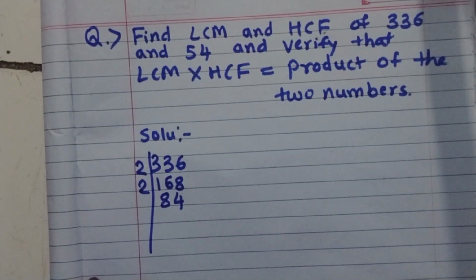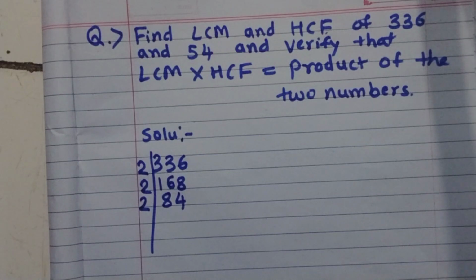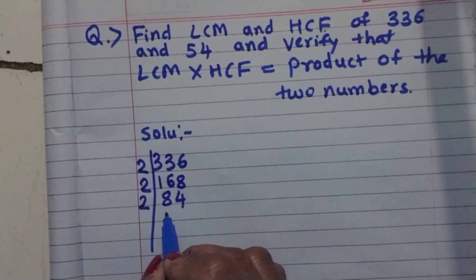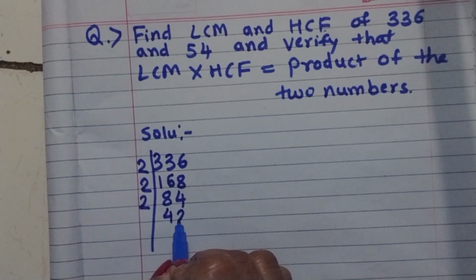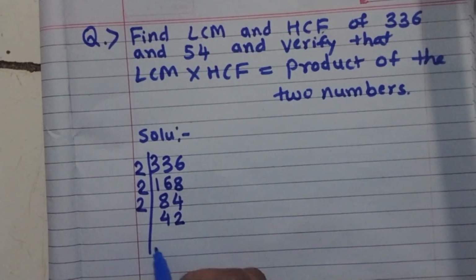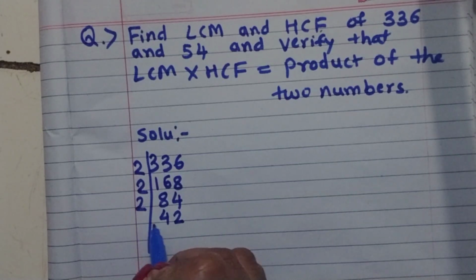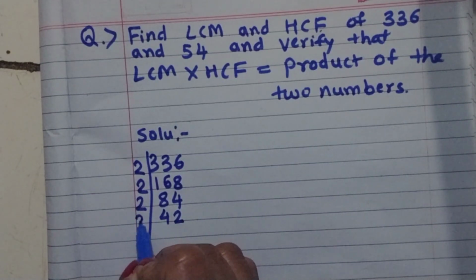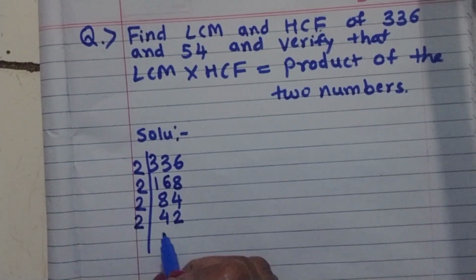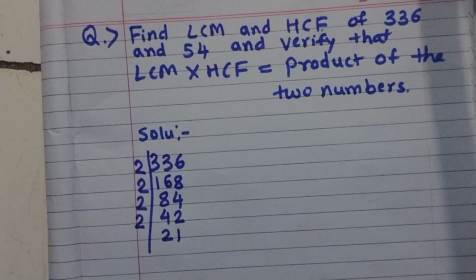Now again we start from 2. Division is possible with 2. When 84 is divided by 2, we get quotient as 42. So we write 42 below 84. Now again we start from smallest prime number, that is 2. When 42 is divided by 2, we get quotient as 21. We write 21 below 42.